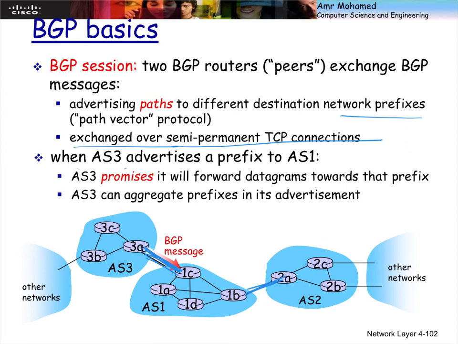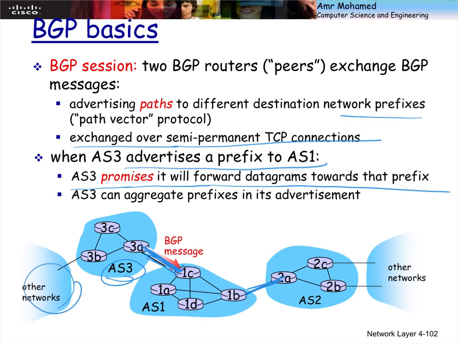Okay? When autonomous system 3 advertises a prefix to AS1, AS3 promises it will forward datagrams to this prefix, which means that AS3 reports a certain reachability to a specific network to AS1. This means that we have a service level agreement, and AS3 now promises AS1 that it will send any packet for a destination in this range of IP addresses through AS3.